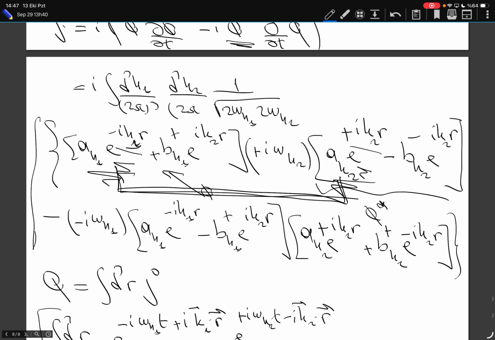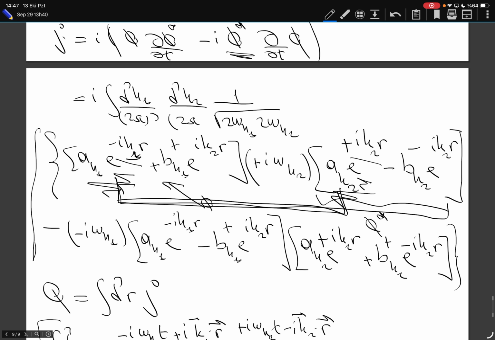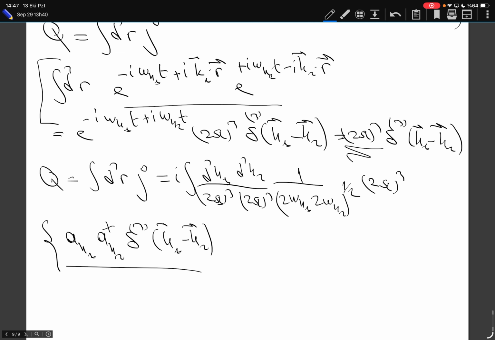Then I can take this product, the first term in the first parenthesis and the second term in the second parenthesis. So that will give me a minus a_k1 b_k1. So these are b_k1. Minus a_k1 b_k2 with no dagger.